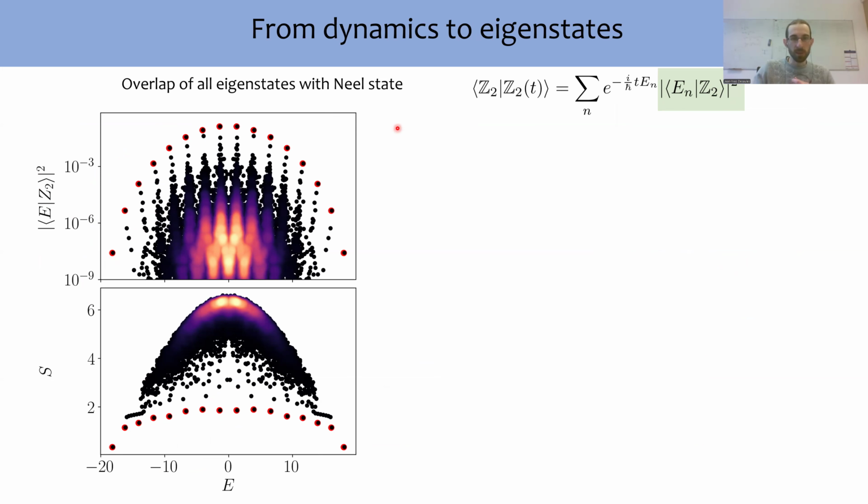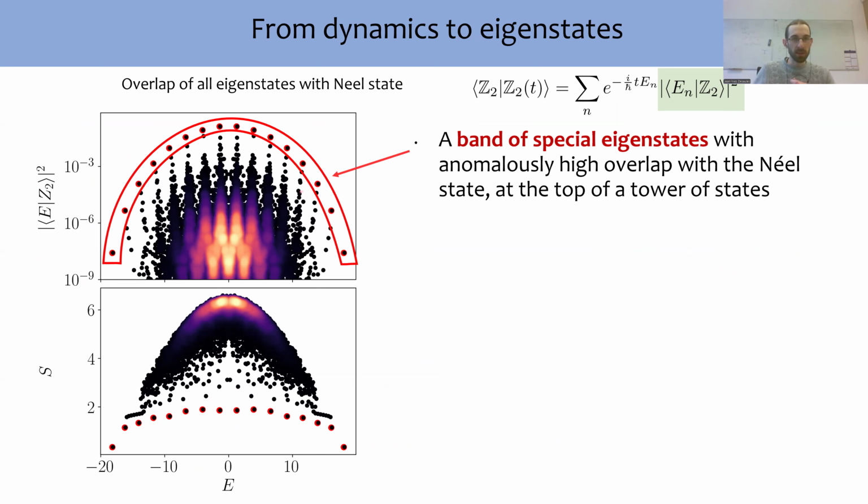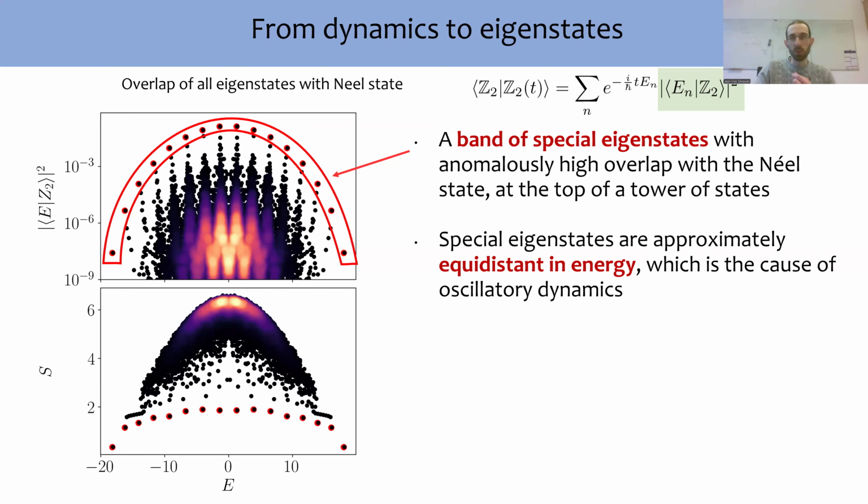And in particular, we see that we have one band of special eigenstates which have anomalously high overlap with the Z2 state. And these states are almost equidistant in energy. And why that matters is because the phases then will realign over time because of this equal spacing. And this is why we get the oscillatory dynamics.